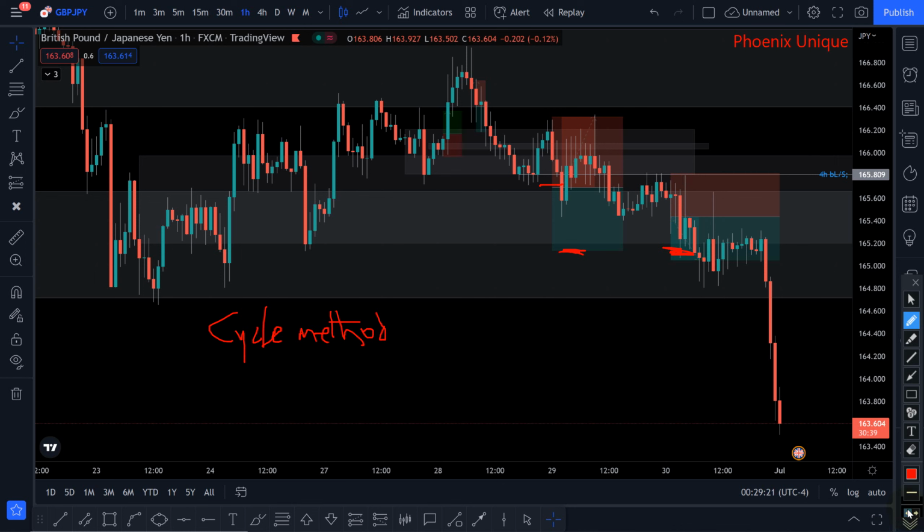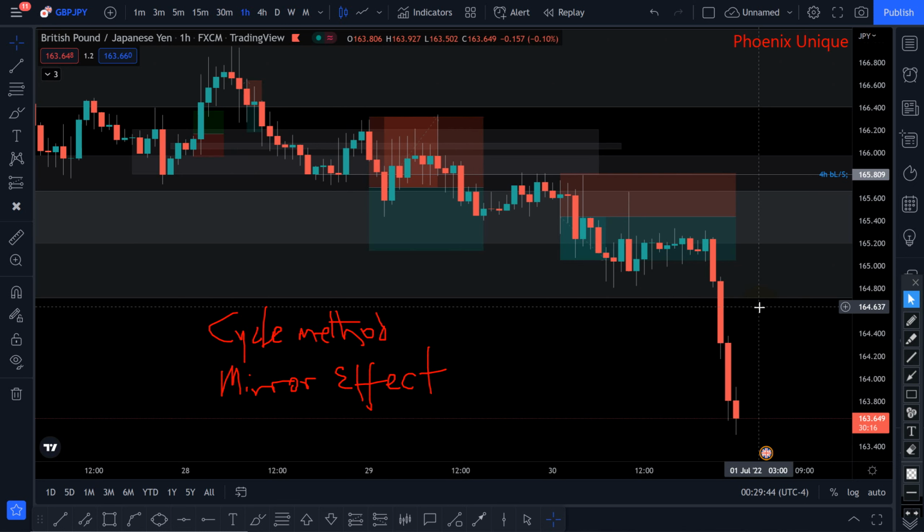Now the second method I want to introduce before I exhaust everything on GJ is the mirror effect. Mirror effect. Now what is the mirror effect? I will explain it in this way.